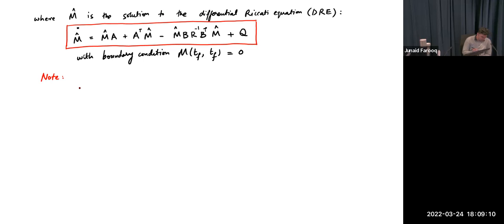It is really a matrix differential equation. Right, so the variables involved here are matrices, and it's really difficult to solve these types of equations by hand.